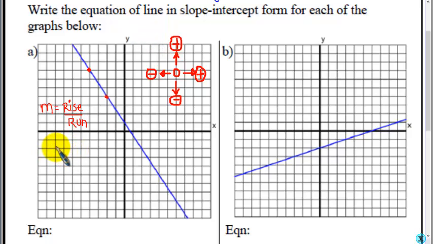Okay, so here we go. I decided to start from the top, so for me to go from this top point to the bottom point, I would have to go down 3 squares. Because I went down, this would be -3. And to get to that other point, I need to run 2 squares to the right. So that would be +2.